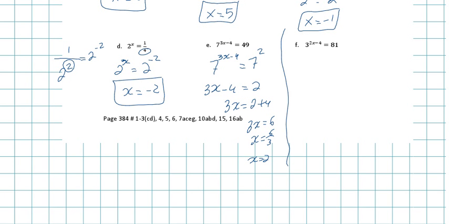What's the base? 3. 3 to the power of what gives me 81? 4. Good. Same idea, right? It's a trial and error thing. You're going to have to do it.